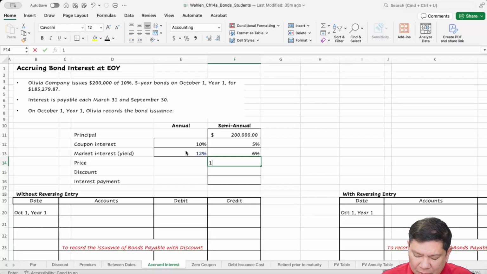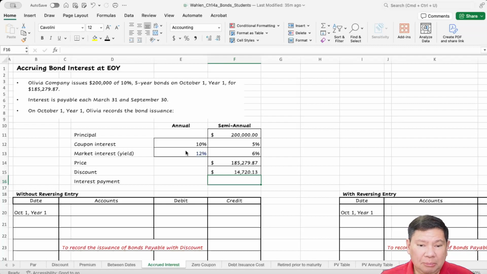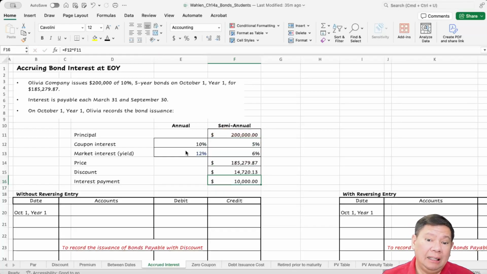The price is provided, 185,279.87. So the discount is the difference between the face value and the issuing price, 14,720.13, and the interest payment based on the coupon is 5% times 200,000 or $10,000.